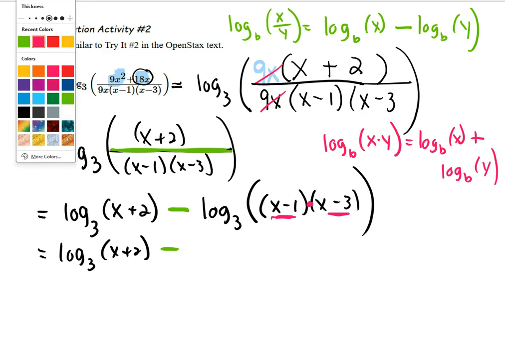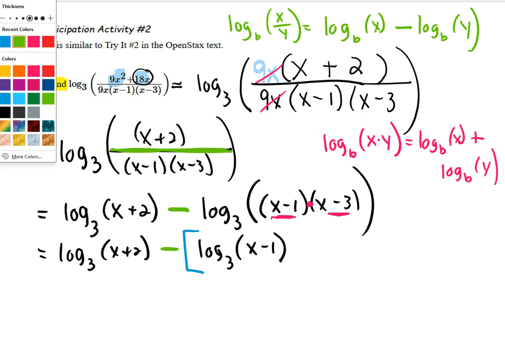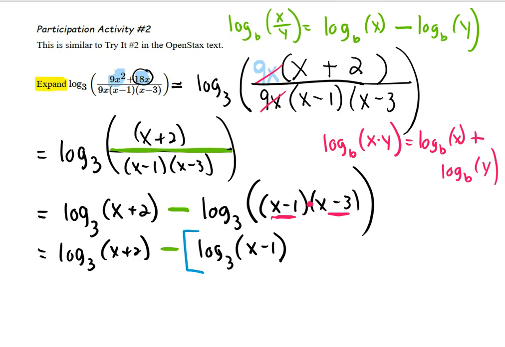How about blue? I'm going to have the log base 3 of the x minus 1. And then, to split it up, you'll have a plus sign here. And then you're going to have log base 3 of the second factor of x minus 3.